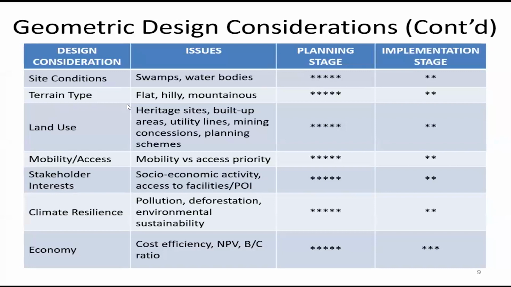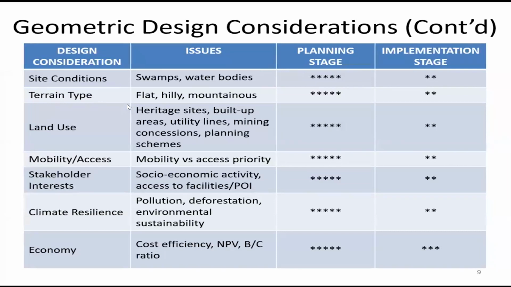The last amongst the considerations is economy. Every alignment choice that we make, every typical cross-section choice that we make impinges on economy. And so at the design stage, this is one of the highest considerations, and the ranking is very high because we are looking at the net present value of the project.